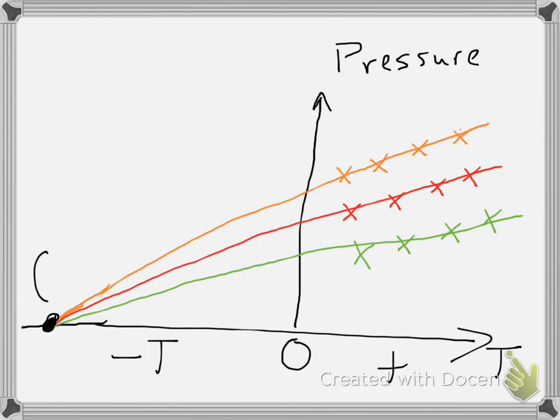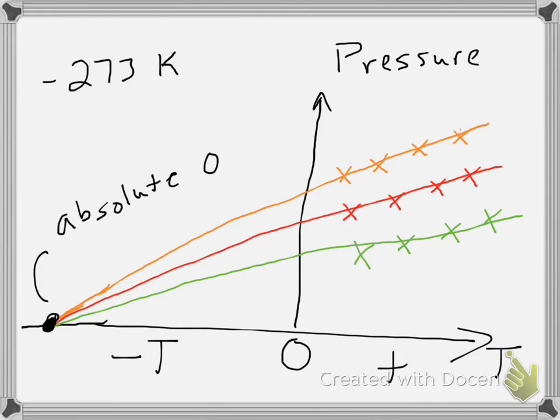We call the temperature where the pressure goes to absolutely zero absolute zero. And that happens to be at negative 273 Kelvin.